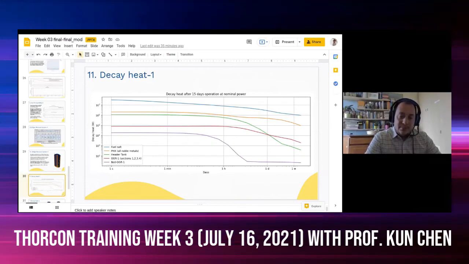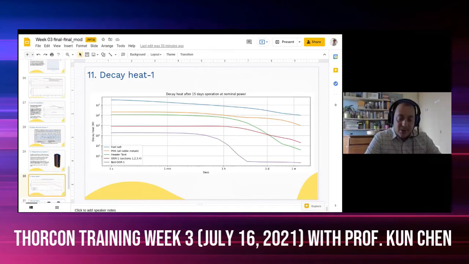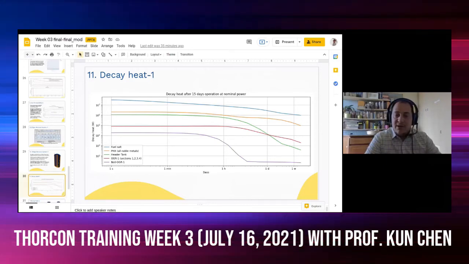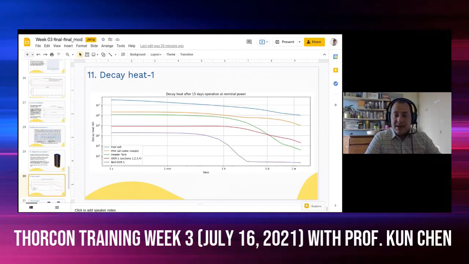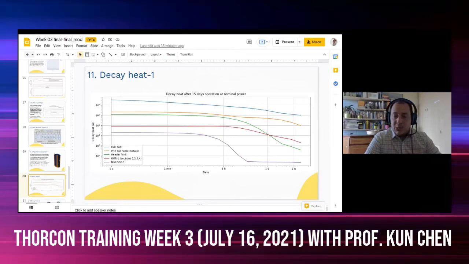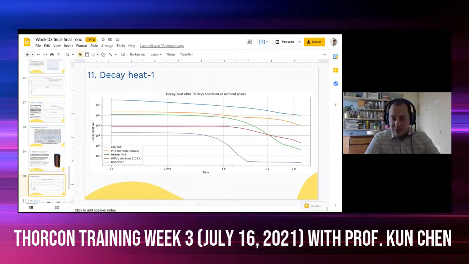So the load following is operated just by varying the flow rate and the bypass in the intermediate secondary salt loop and the solar salt tertiary loop.